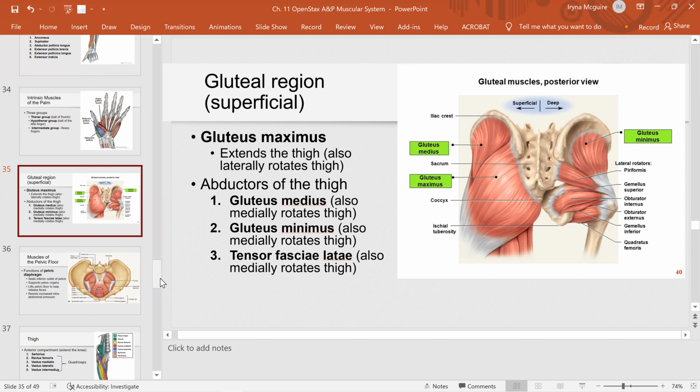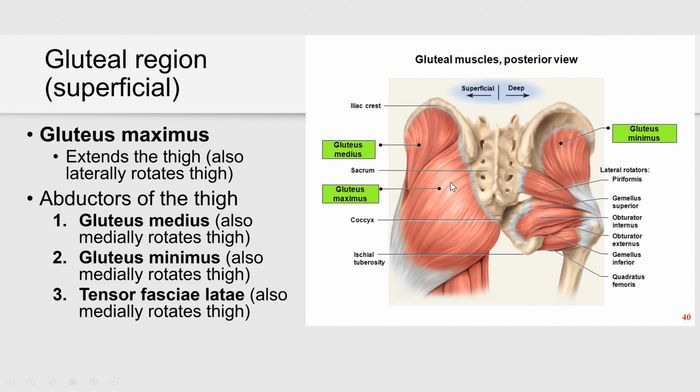So gluteal region, you have superficial and deep muscles in your gluteal region. On this diagram, because this is posterior view, this is the left of this mannequin and this is right. On the left, we see superficial muscles. On the right, we see deep muscles.